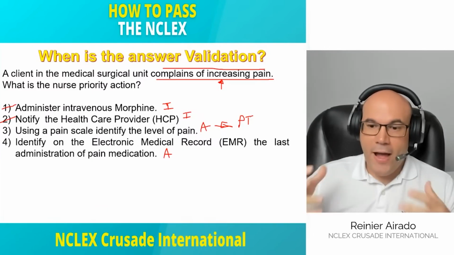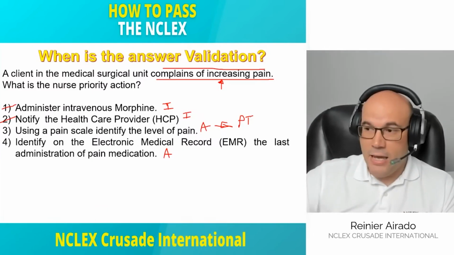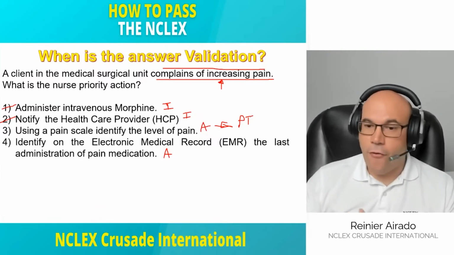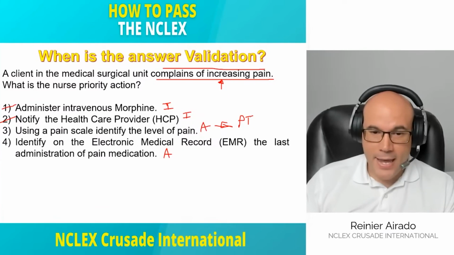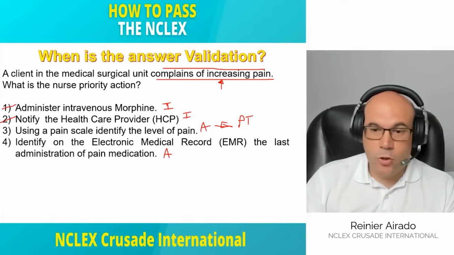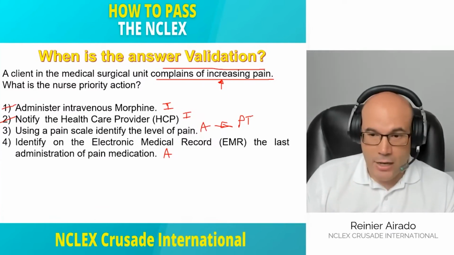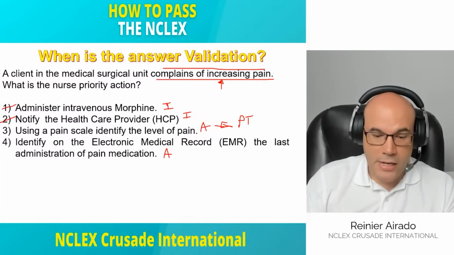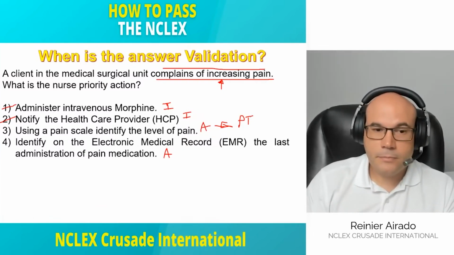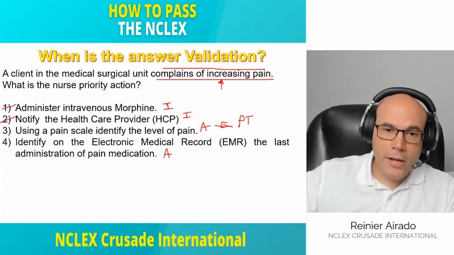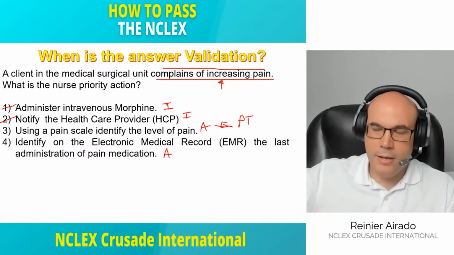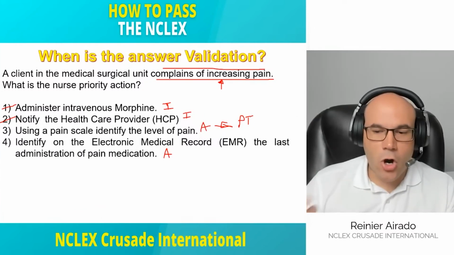Because if I have a medication order that says give morphine PRN every 4 hours and 4 hours hasn't passed yet, maybe I have to call the doctor again and request another medication. Maybe it is important to tell the doctor, whatever medication we're giving is not sufficient. So number 4 is not that it's not important. It's extremely important. It is not the priority.